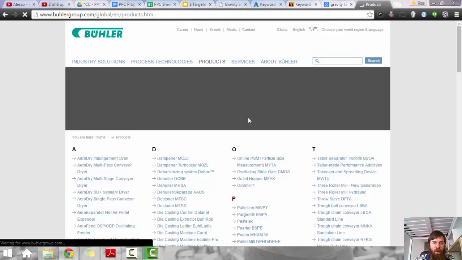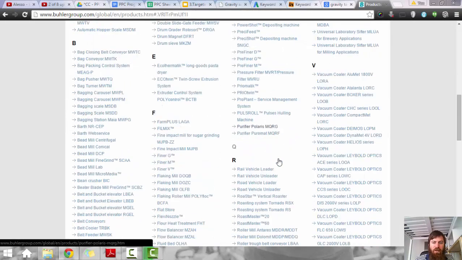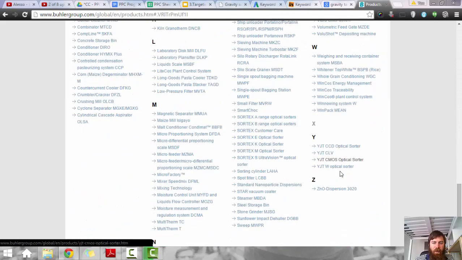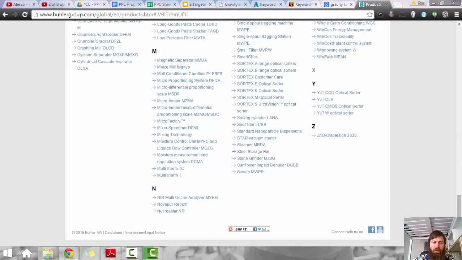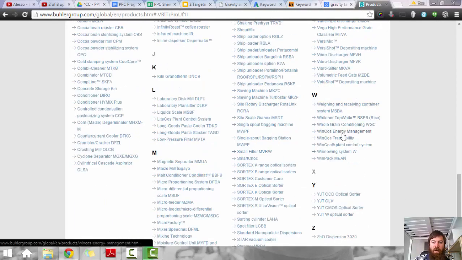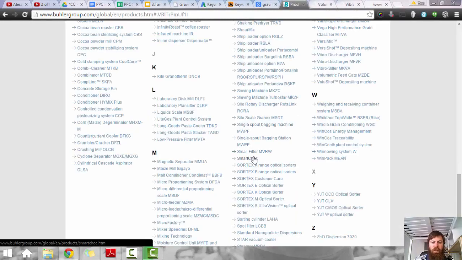Products, it looks like gravity separator is one of their products, but it also looks like they have an enormous number of products here. They have energy management, feed gate, vibro sister, vibro discharger. I bet all these things are extremely expensive as well. Smart shock.